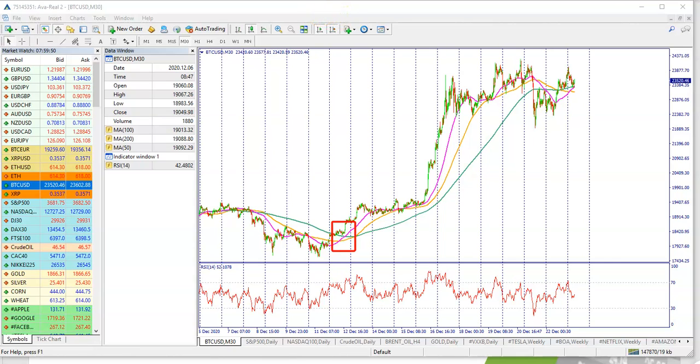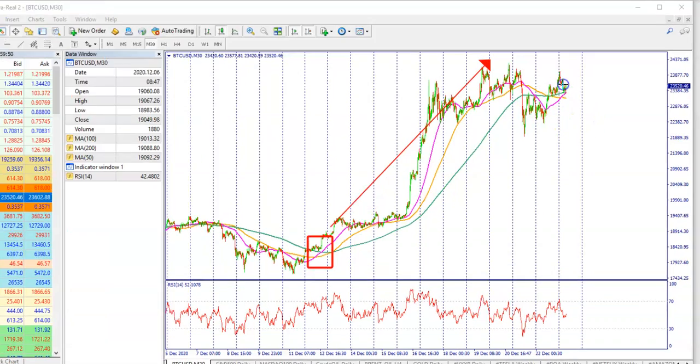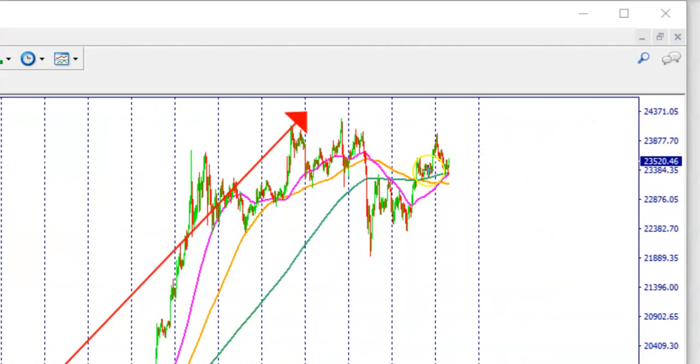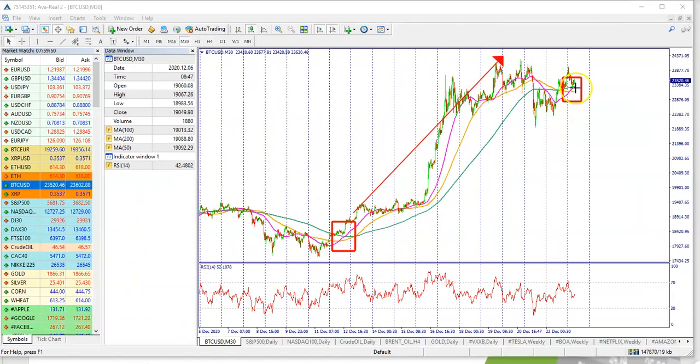And what happened afterwards was that this massive upward rally happened. Now, what we're seeing is exactly the same sort of price action forming, where the 50-day simple moving average is about to cross above the 200-day simple moving average.